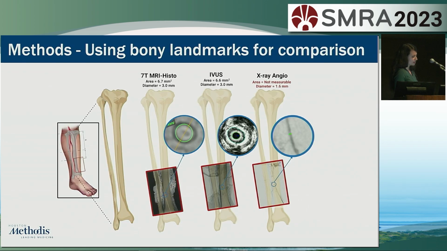So how to compare two-dimensional and three-dimensional data? That's always a question. In our case, we used bony landmarks. Bony landmarks are usually stationary in relation to the vessels, both in vivo and ex vivo. So bony structures such as the medial malleolus, tibial plateau, or fibular head can be used for measurements and localizing lesions in 2D and 3D data.